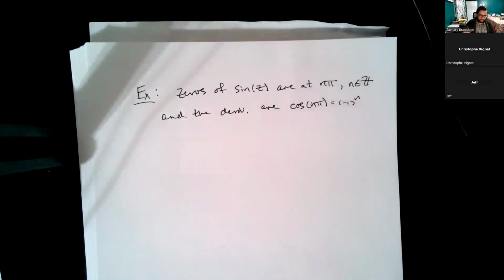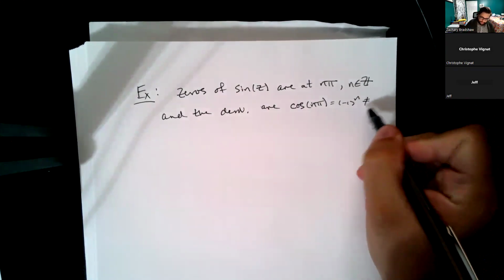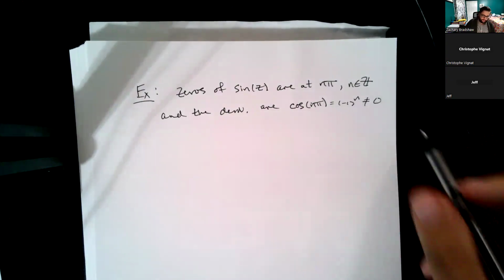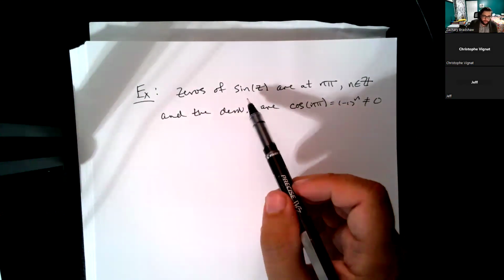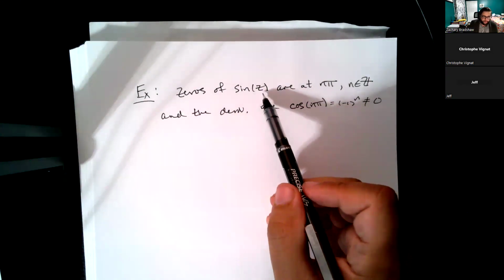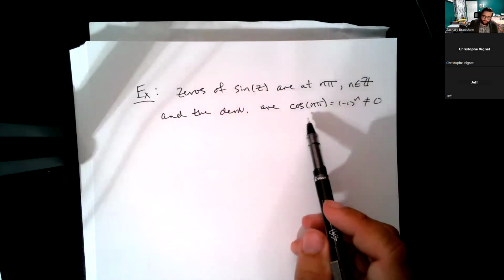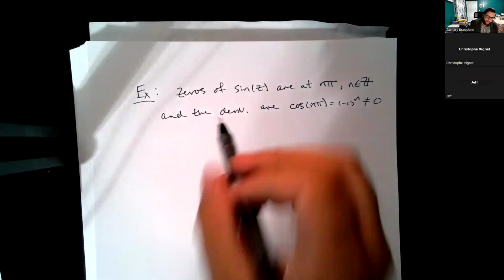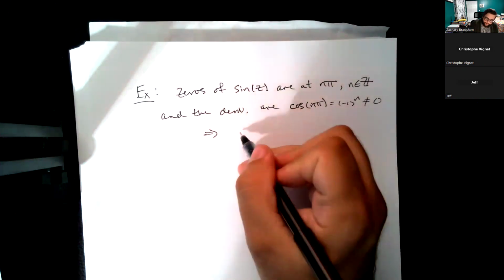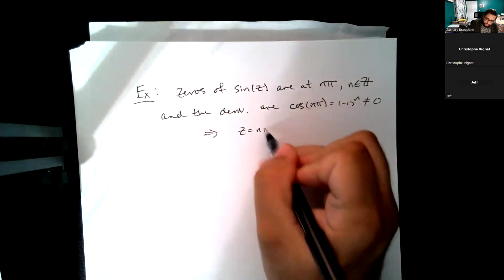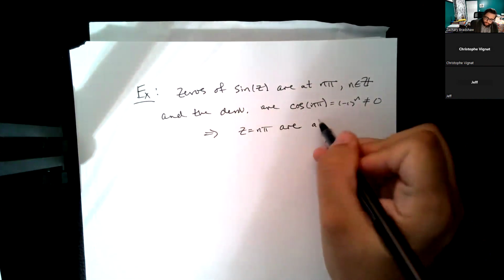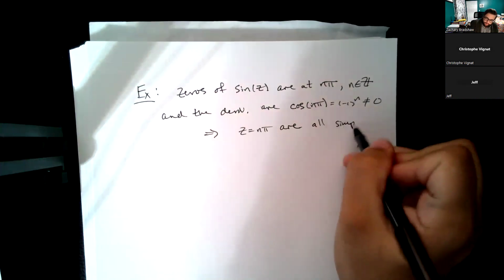So it's plus or minus 1, which we note is not equal to 0. That means we have a 0 at the evaluation of the function, but non-zero for the first derivative. So these are all simple zeros.